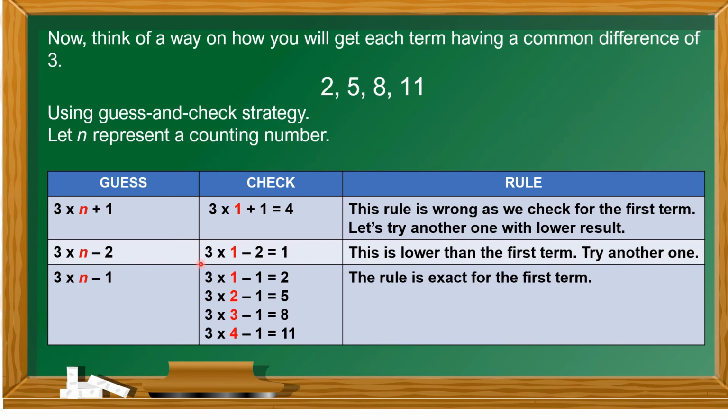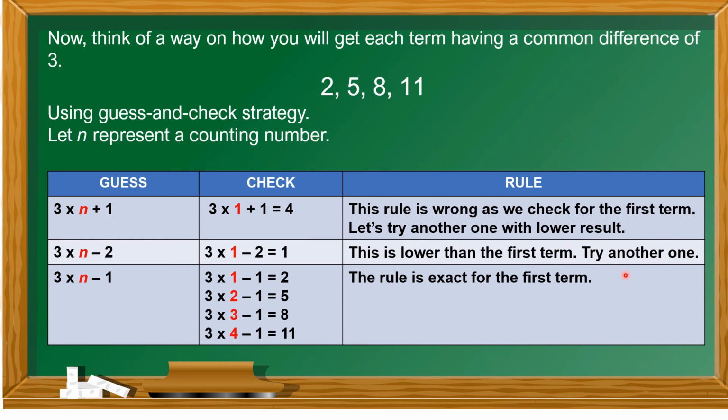To check, we have 3 times 1 minus 2 equals 1. As you can see, 1 is less than 2. Therefore, the result of this nth term rule is lower than the first term.